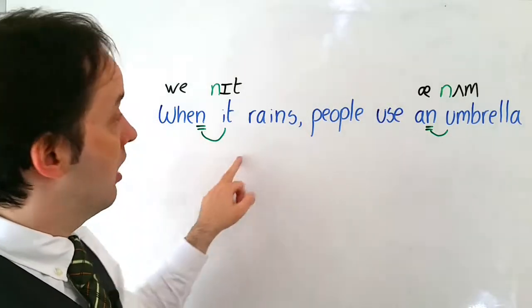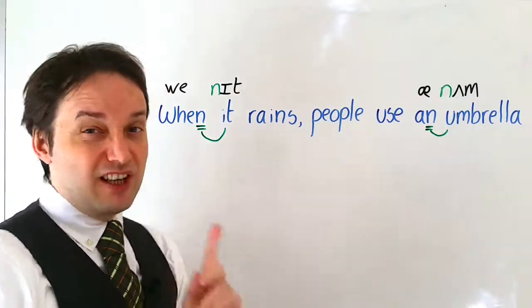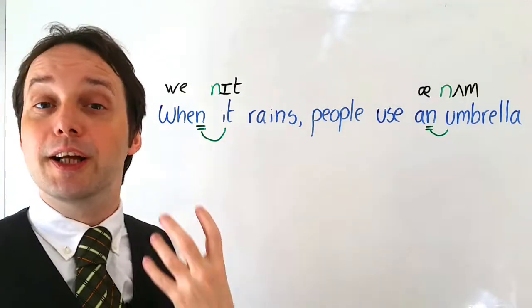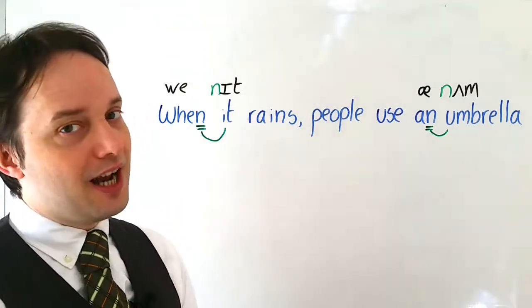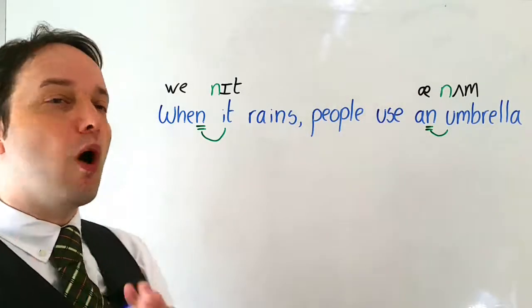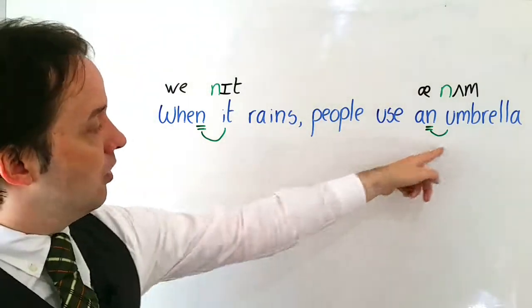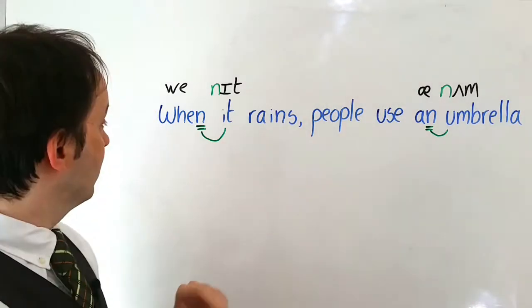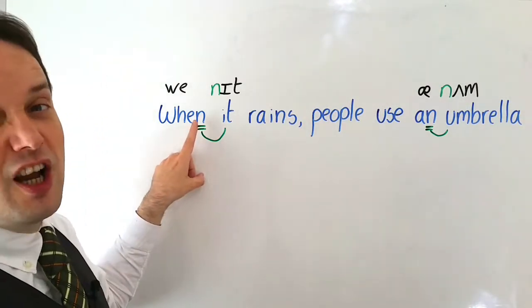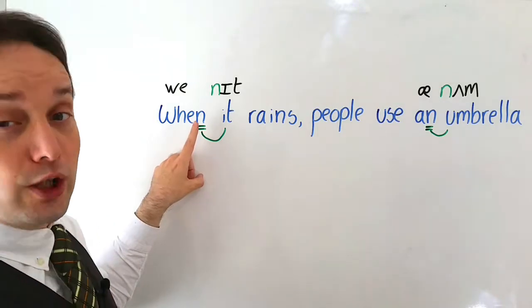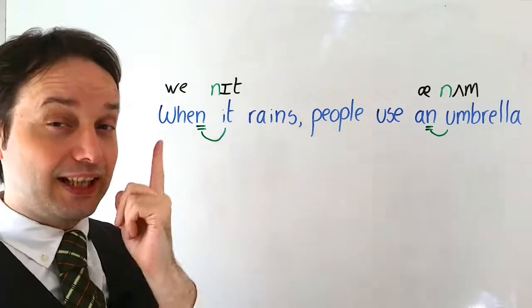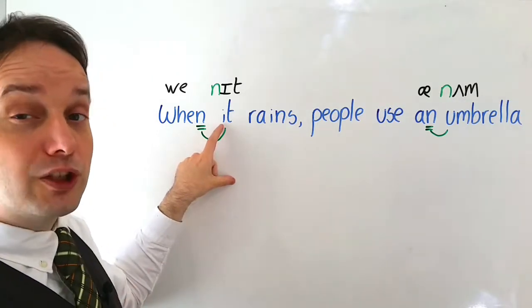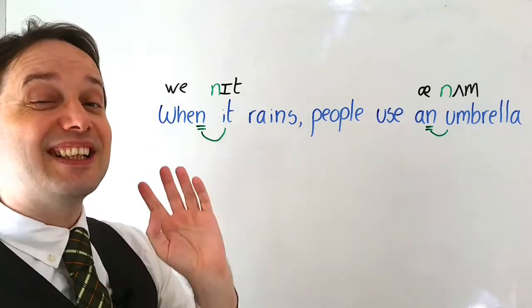Why does this happen? This is a very important feature of English pronunciation. It's called connected speech and it happens all the time. But why? What do you notice? Well, N, is it a vowel or a consonant? It's a consonant. I, is it a vowel or a consonant? It's a vowel.